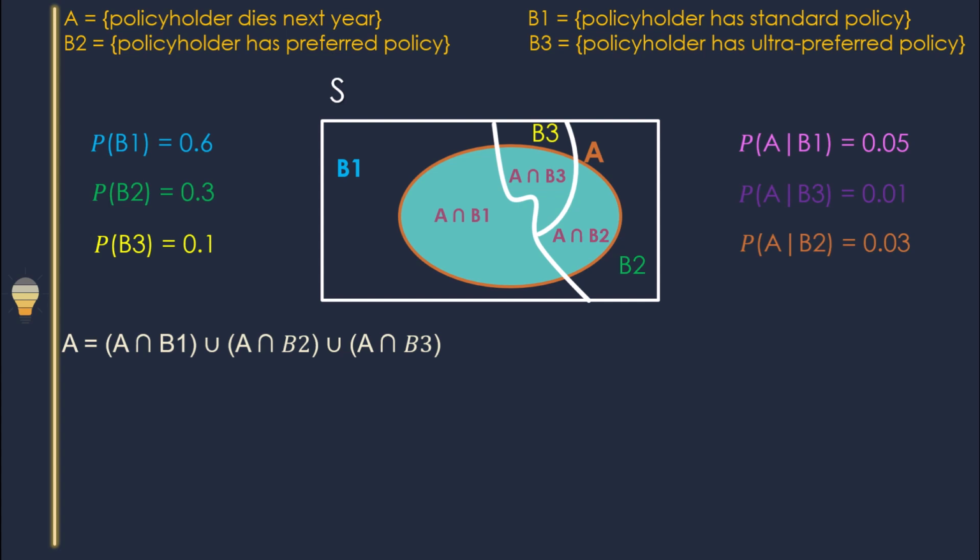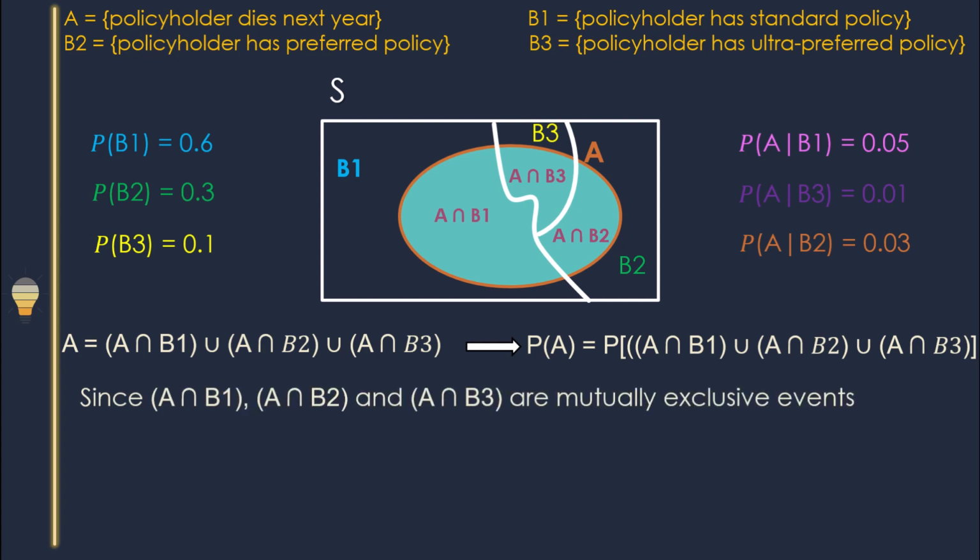events are disjoint. So how do we find the probability of A? We can get the probability of the expression on the right side. As I mentioned before, these 3 events are mutually exclusive, that means disjoint events. Therefore, the probability of A equals the summation of the probabilities of each event.